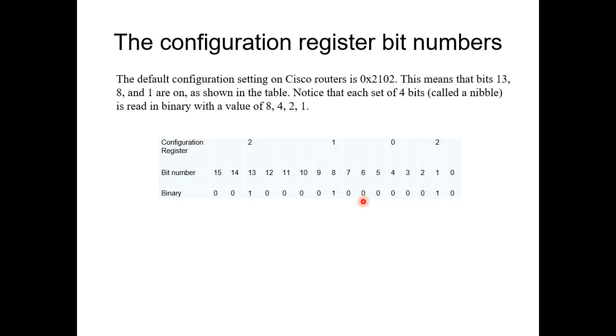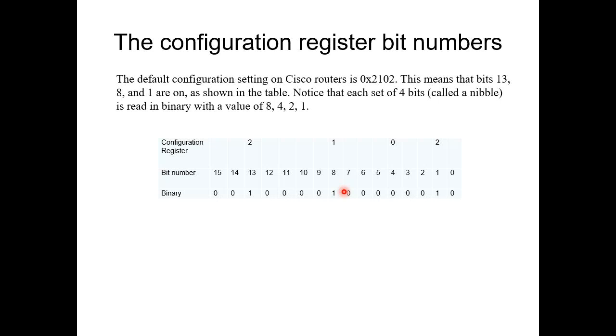All right. Now, just be aware that different routers and switches sometimes use different register numbers. But every one of these bits here, and there are 16 of them, allows us to set a different operational parameter within the switch or the router.